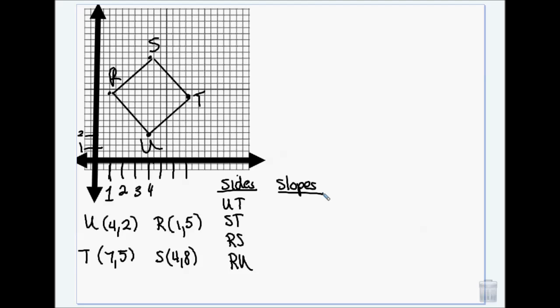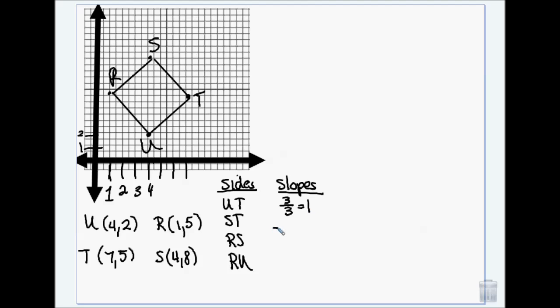To find the slope, I can just count from U to T. So from U to T, I go up 1, 2, 3, and then over 1, 2, 3. So if I go up 3 and then over 3, that's just 1, right? If I do ST, I'll go down 1, 2, 3, and then over 1, 2, 3.